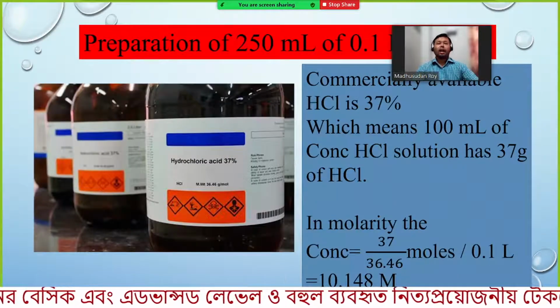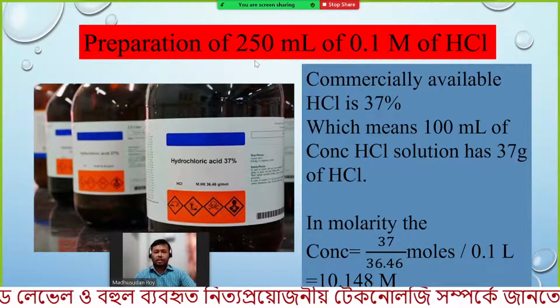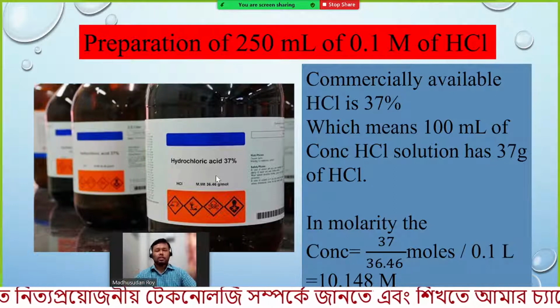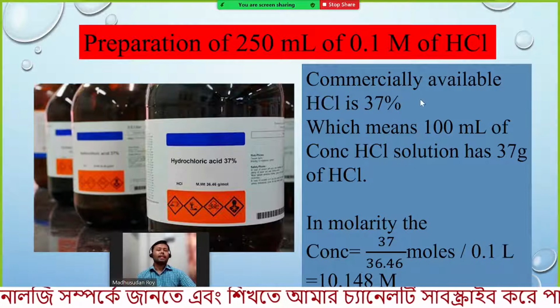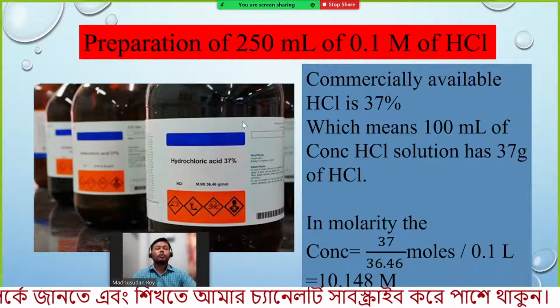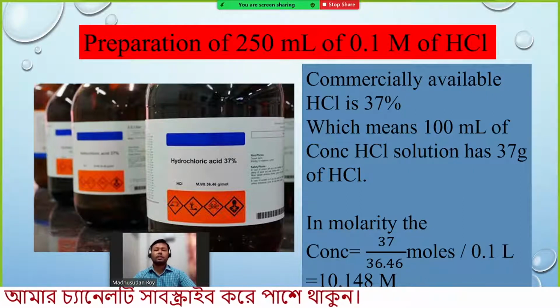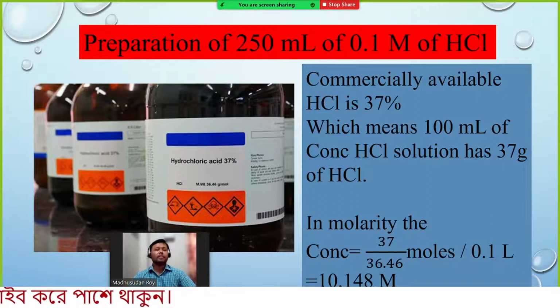Now how can you prepare the standard hydrochloric acid solution, or approximate? You must know it approximately, because we have to purchase chemicals from different vendors, and if you have very good quality chemicals, then you can get exactly what is mentioned on the bottle.